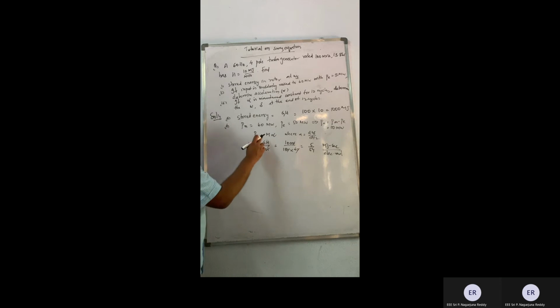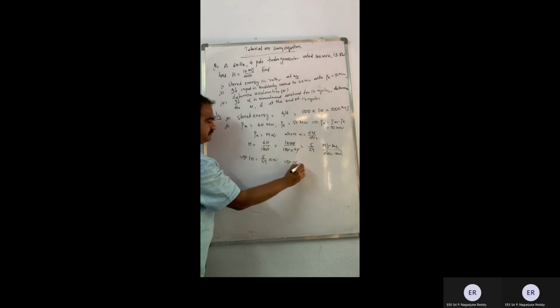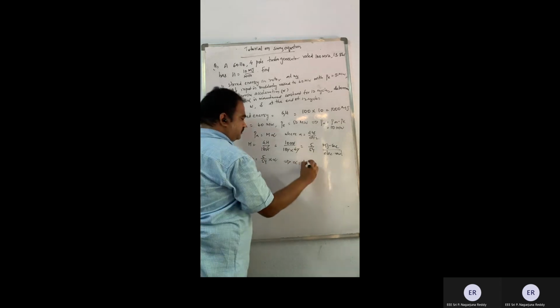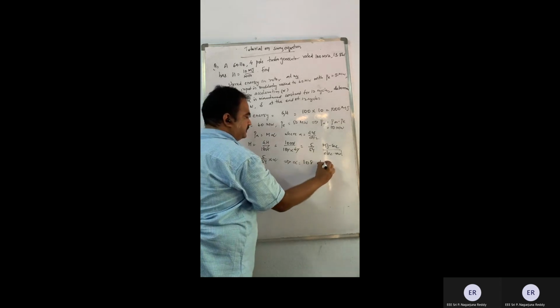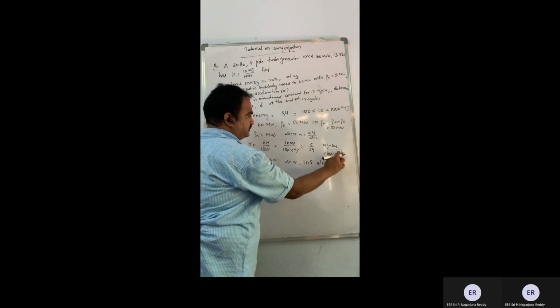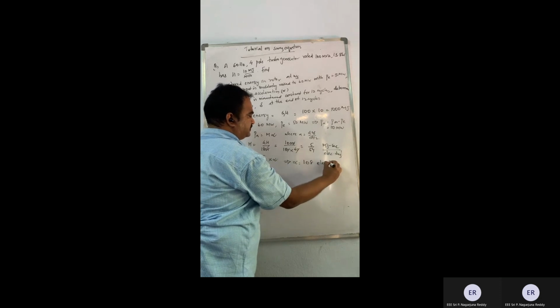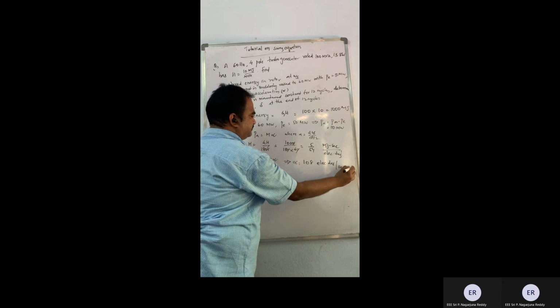So now if I substitute here, 10 is equal to 5 by 54 into alpha. Isn't it? So what is alpha, guys? So this is going to be 108 electrical degrees per second. This is the value of acceleration.